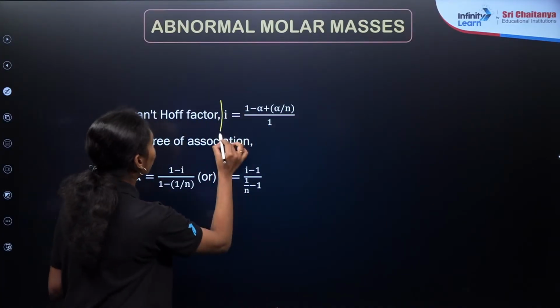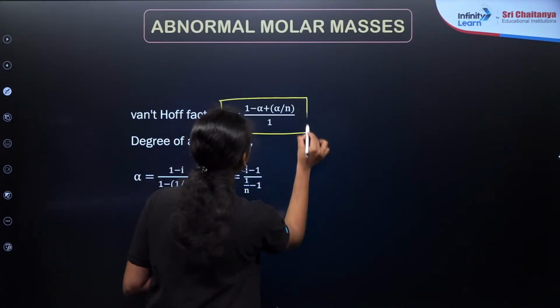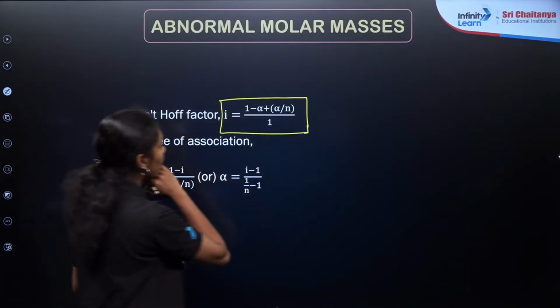So finally the Van't Hoff factor value will be equal to 1 minus alpha plus alpha by n.